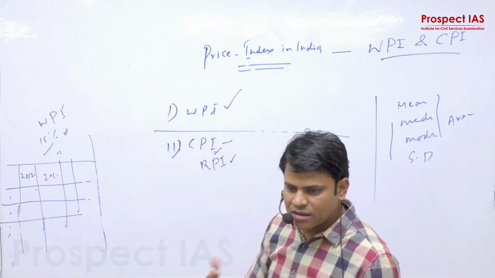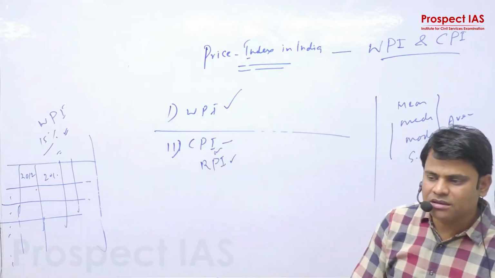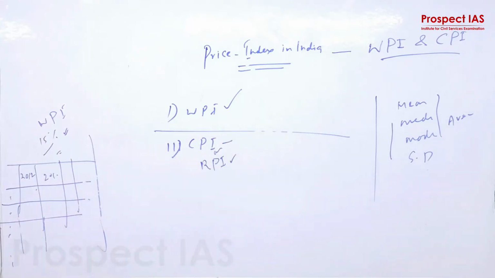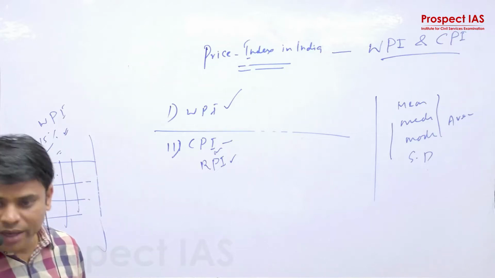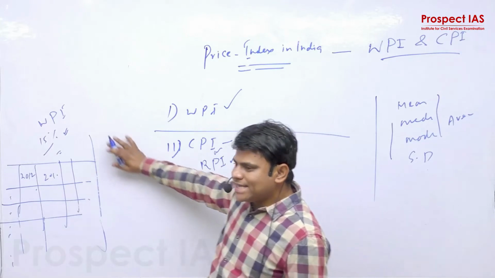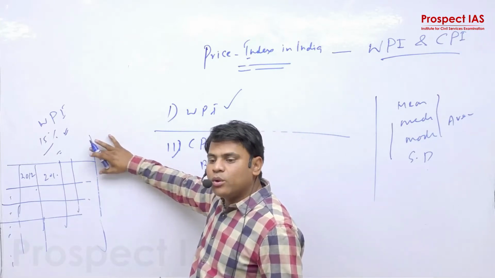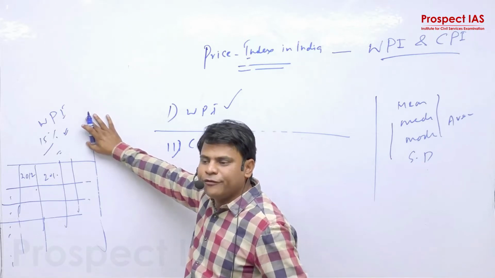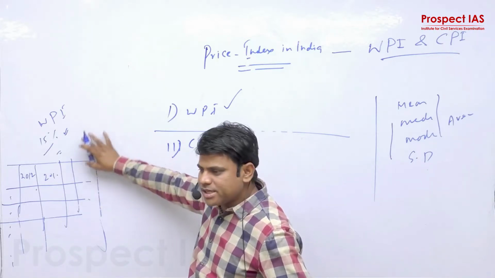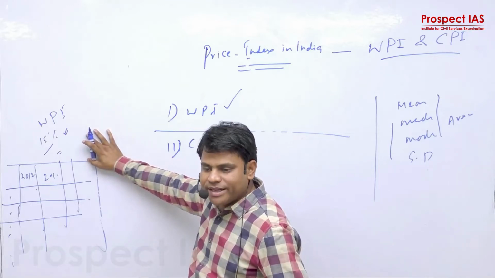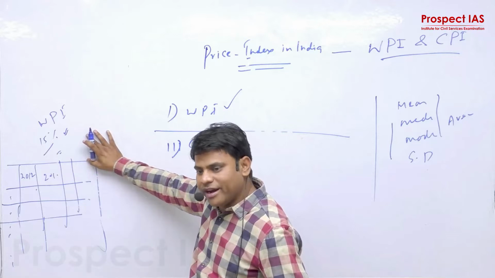That is not necessary. Sometimes the WPI inflation translates into CPI inflation, but sometimes it doesn't. Why there is disconnect between these two, I will explain to you later on, है ना? But here my point is that in our country there are two kinds of inflation. One is based on WPI, and that gives us the inflation of wholesale market, and through this inflation we come to know what percentage price has increased or decreased over the last 1 year on an average, है ना?